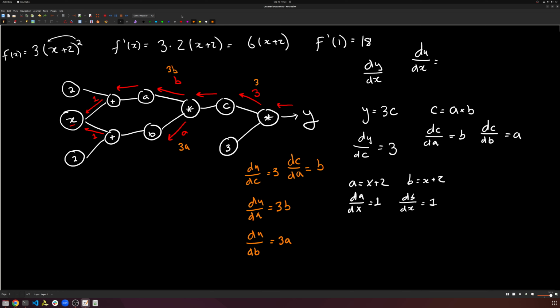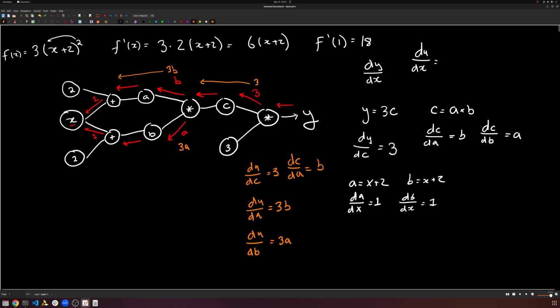And so we continue. I forgot to draw this arrow here. So 3 backpropagates here, 3b now backpropagates here, and 3a here. Now we're at dy/da, then we have da/dx equal to 1. And so dy/dx is equal to 3b times 1, right? We're just accumulating.